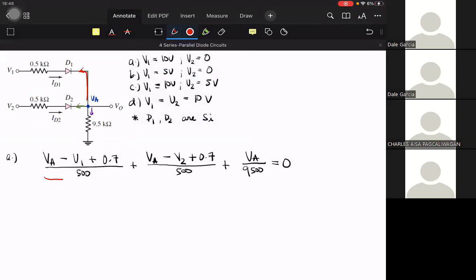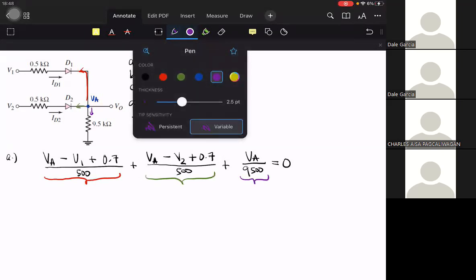So kani ang current na kung ato na i-solve alone, assuming na kung ato si VA, that will be the current sa red nga branch. Kani sa green nga branch. And kani sa purple na branch. Okay. The first case, V1 is 10, V2 is 0.